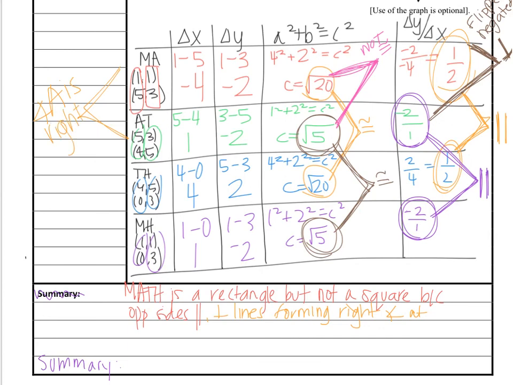Not like right as in it's correct, but right as in 90 degrees. Okay, so opposite sides parallel, perpendicular lines forming congruent right angles.